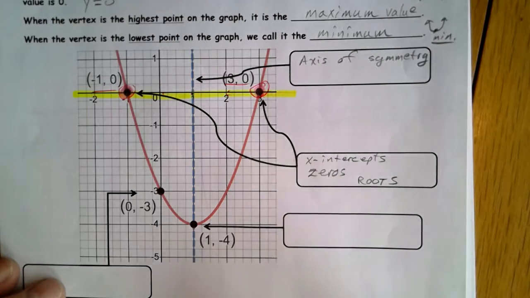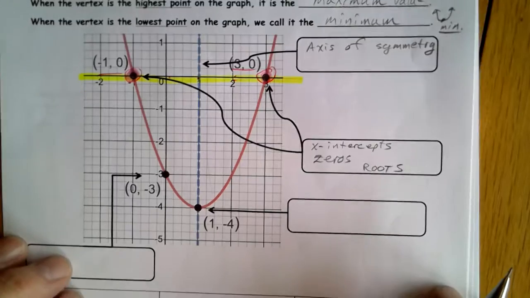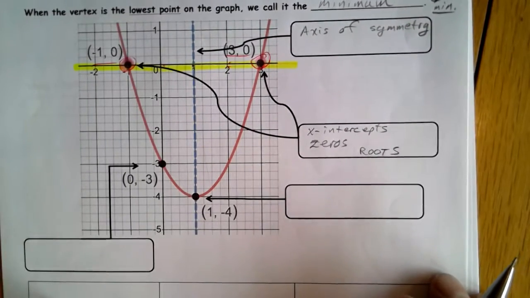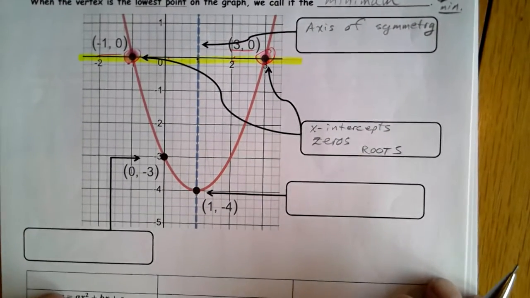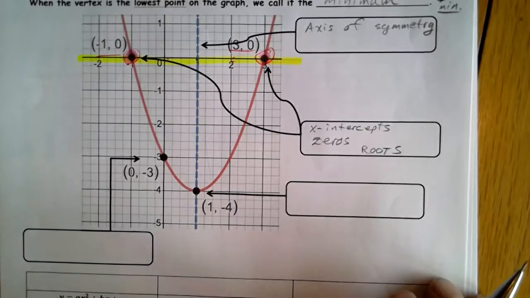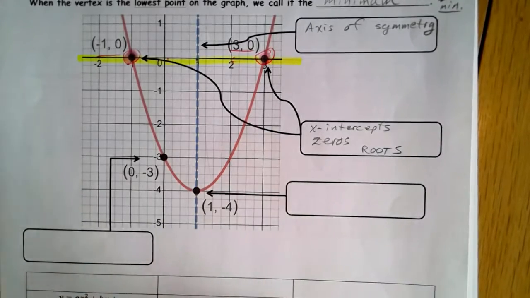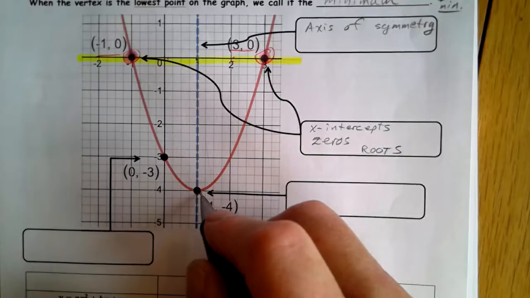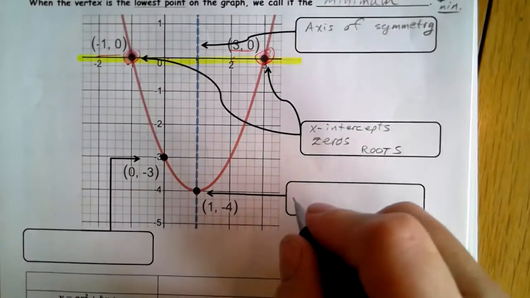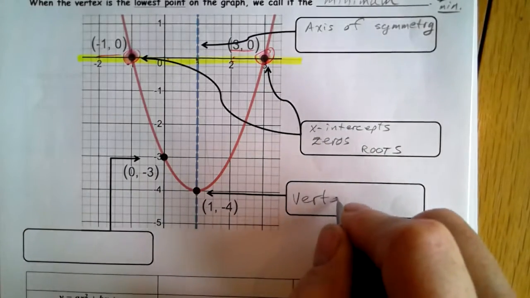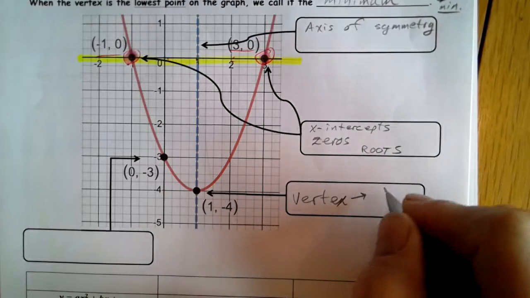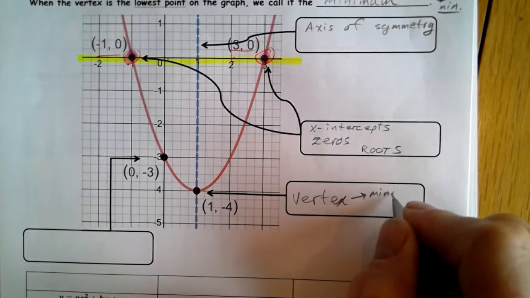All right, keeping on here. We're going to keep moving my notes up just a little bit. So this box points to that point. That's my lowest point. That is my vertex. Okay, in this case, it happens to be a minimum. How come it's a minimum?